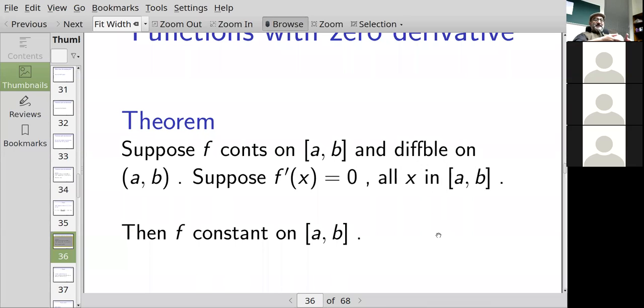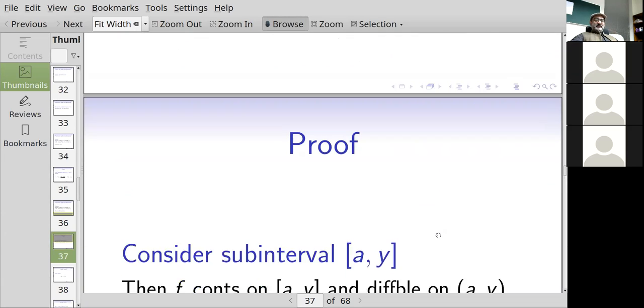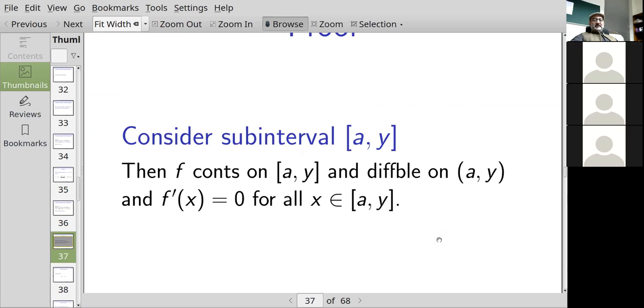Once again, if f is continuous on the closed interval and it's differentiable on the open interval, and the derivative is equal to 0 for all interior points, that should be round brackets, not square brackets, then f is constant from a to b, okay? And the way you do it is you consider a smaller interval, say from a to y.